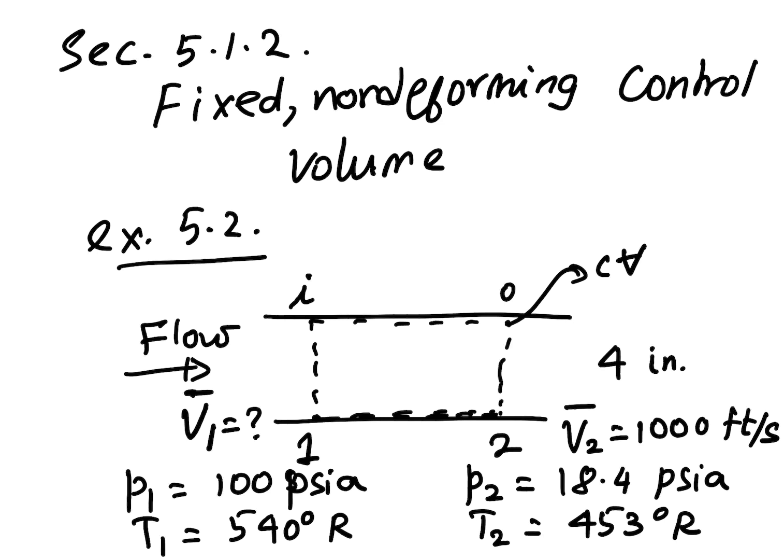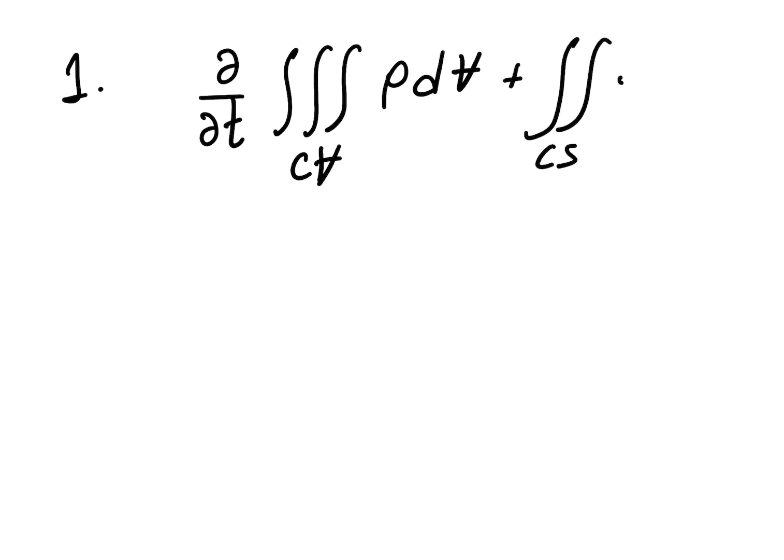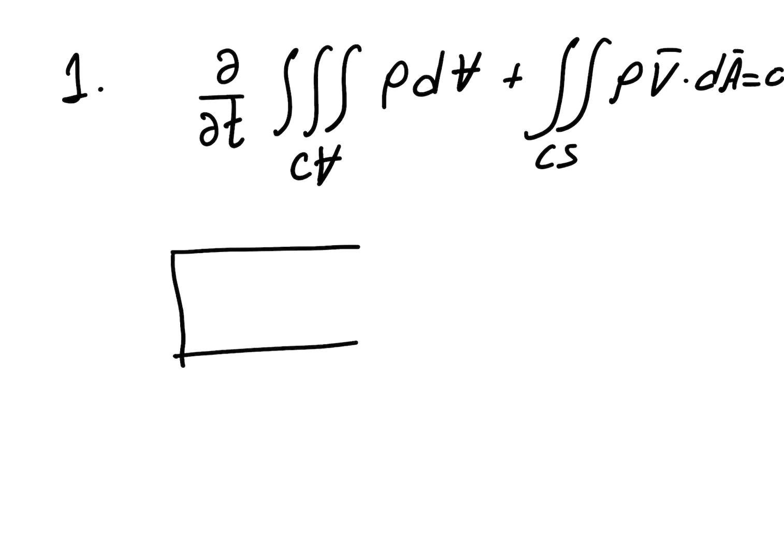So what are our solution steps? The first step is to state the mass conservation. So we have the partial derivative with respect to time of the integral over the control volume of rho dV, plus the integral over the control surface of rho V dot dA equals 0. Now recall, what is your control volume?